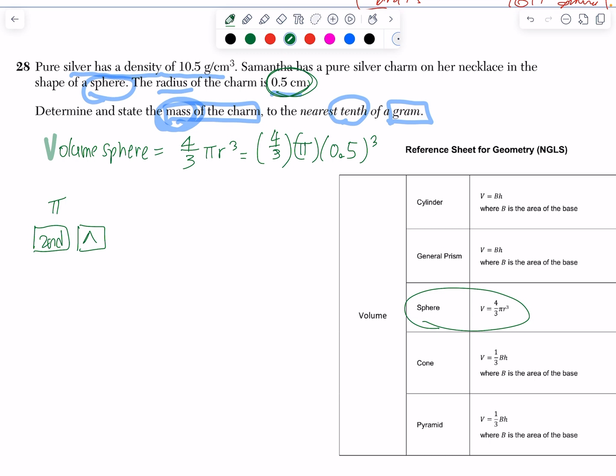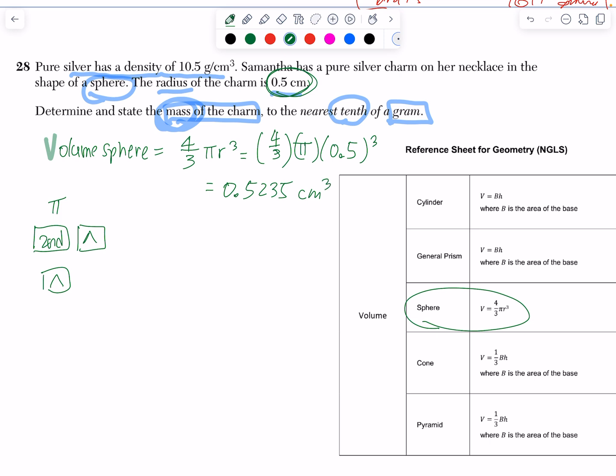So I put 4/3 pi times 0.5 to the third power. The caret is the third power. Then I'm going to get a lot of digits, and I'm going to copy the whole number and 4 numbers after the decimal. The units for volume is cubic units, and so here it's cubic centimeters.